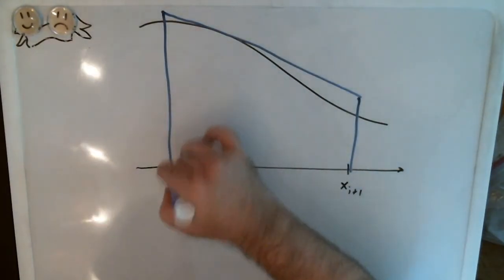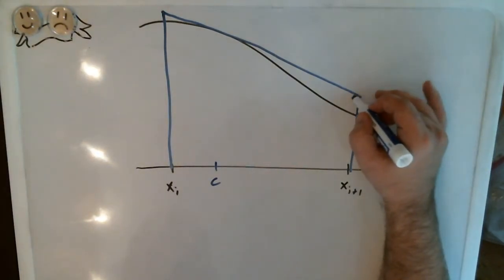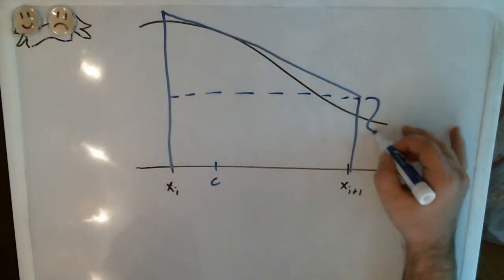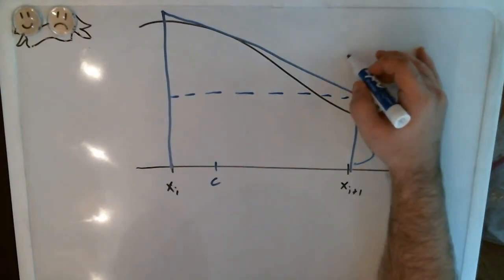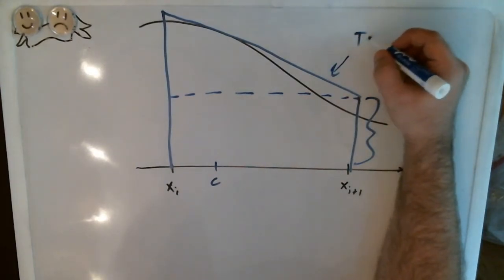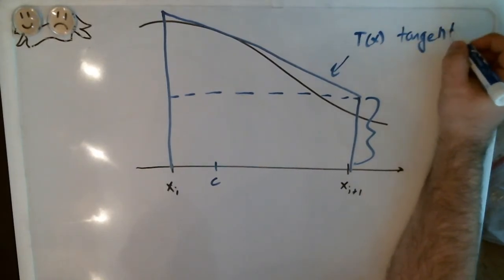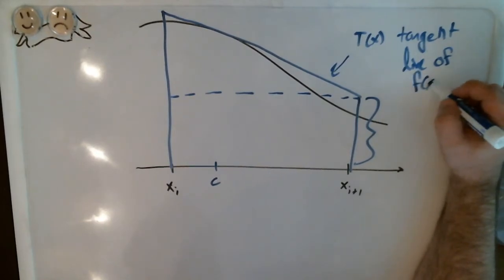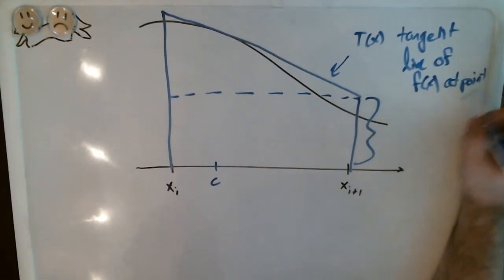Form the trapezoid using that. What you will see is this height right here of this rectangle doesn't depend on what f of x is. It depends on the formula for this line. Let's call this t of x, which is the tangent line of f of x at point c.